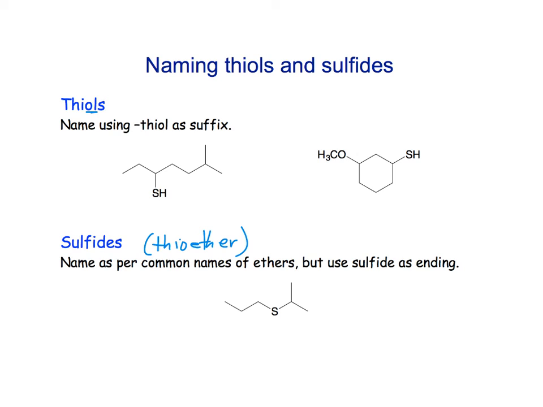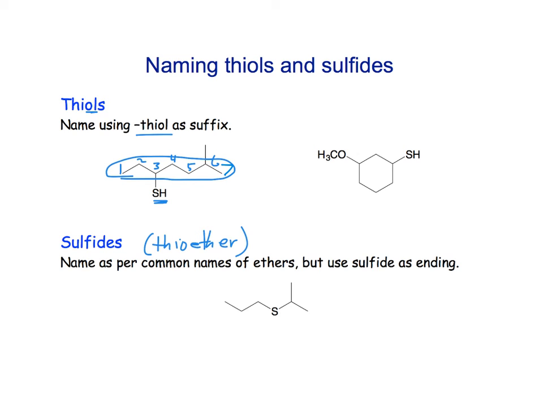All right, so when we name thiols, we're going to name them just by adding thiol as a suffix onto the alkane name. We're keeping the E for the alkane. We're going to give these priority over any of the groups we have so far. And so our parent would be like this, and we would number it to give that thiol the lowest possible number.